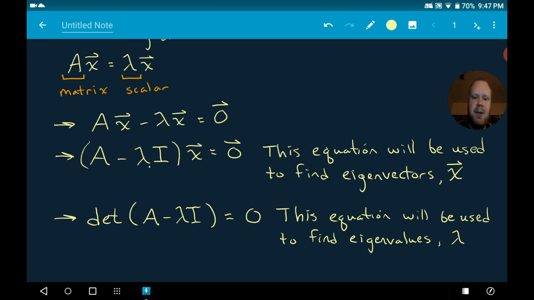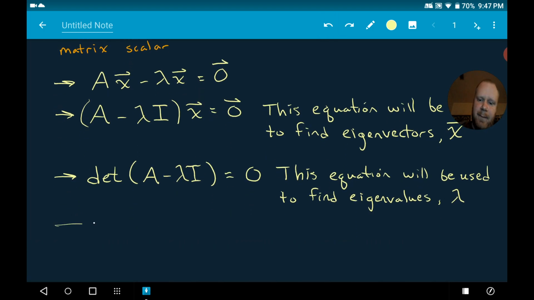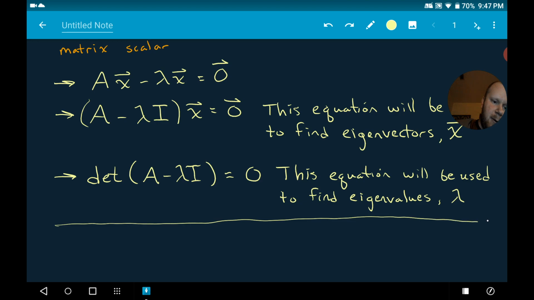Okay, so these are the two equations. I gave them to you in the opposite order. Our first order of business is to find the eigenvalues, then we'll use those to find the eigenvectors. The way that I'll show you this is by example.